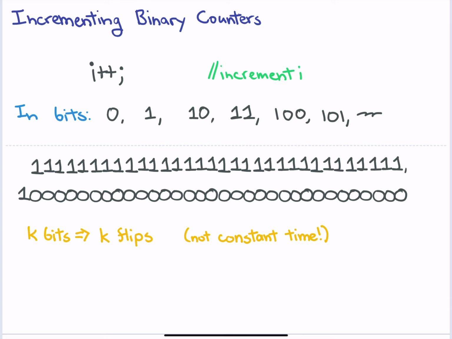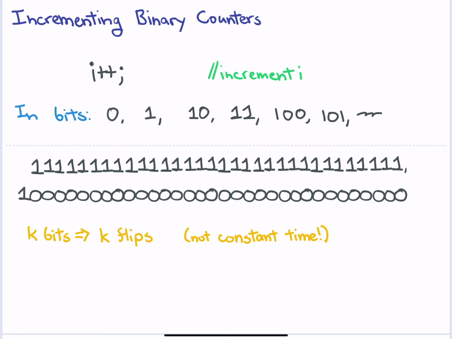Okay, if I want to argue that maybe on average, I'm still flipping just like 1 or 2 bits, right? That incrementing 10 billion times maybe flips 20 billion bits total. So that on average, it looks like I'm flipping just 2 at a time, even though the first few are really fast, and every once in a while, there's a slow one that flips a lot of bits.